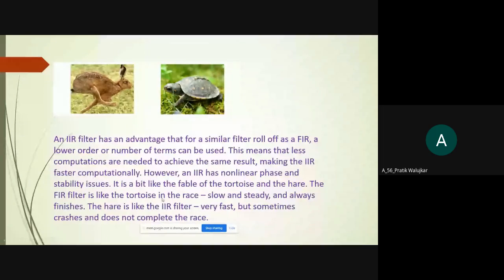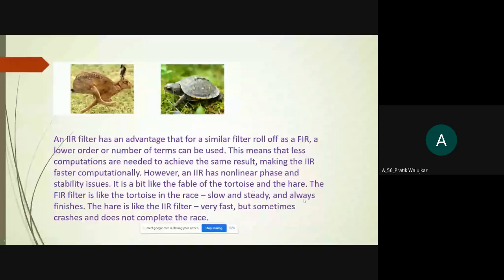Means a FIR filter is compared to the tortoise, as the tortoise is slow, beginning slow, but it achieves success by winning the race. So a FIR filter is like the tortoise in the race, slow and steady, and always finishes the race or whatever is the result. The hare is like the IIR filter, very fast at first, but sometimes crashes and does not complete the race.